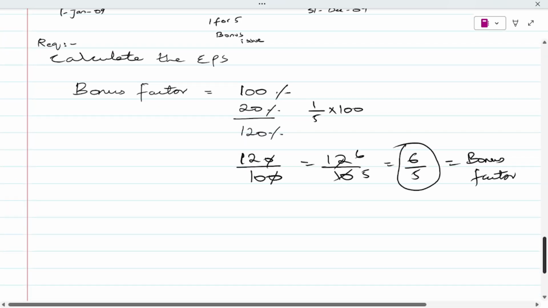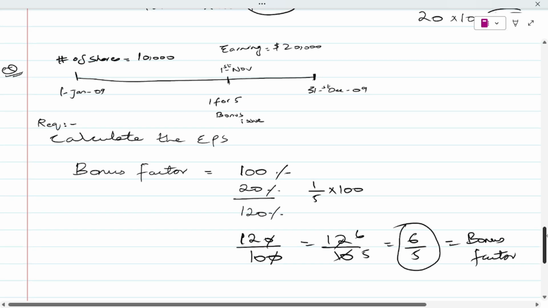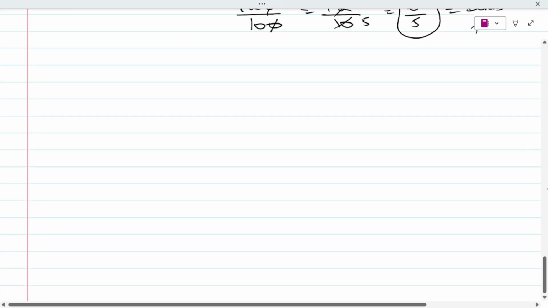Now let's take a few more bonus issue examples, just to get a grip of this area where we have to calculate the bonus factor, because this is very crucial if you want to solve bonus issue questions related to EPS. Over here we had a 1 for 5 bonus issue. Let's say now I am changing that, and I have a 2 for 3 bonus issue.